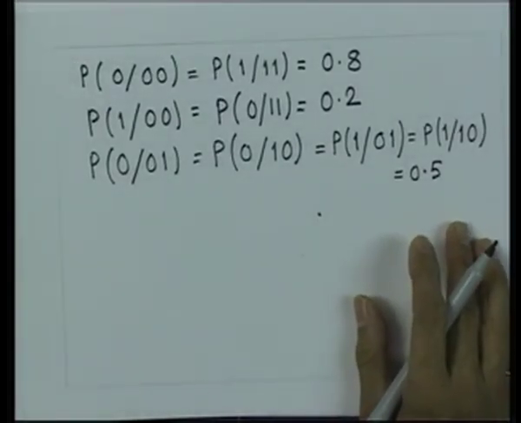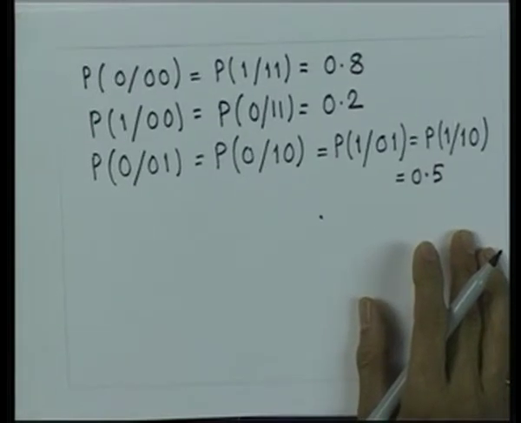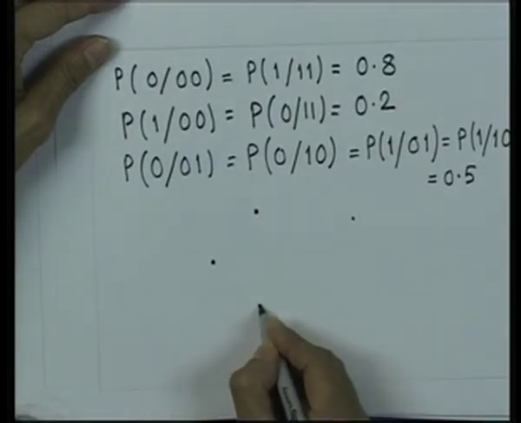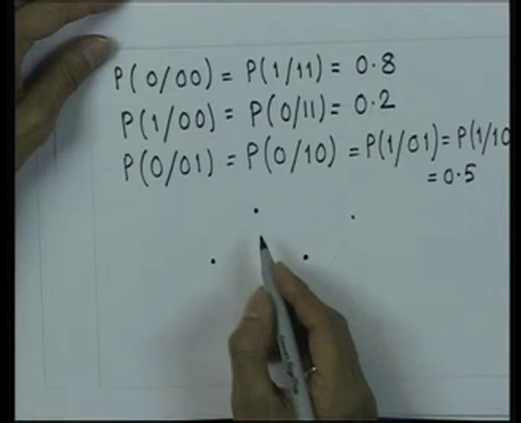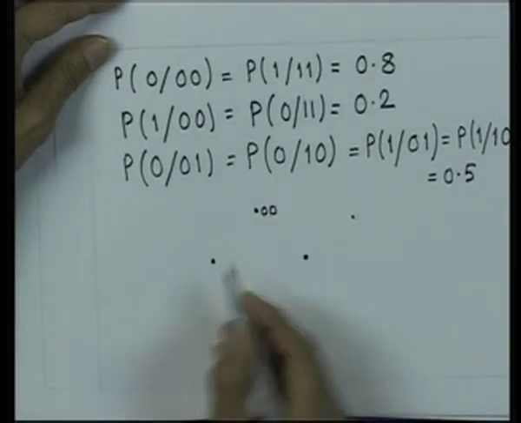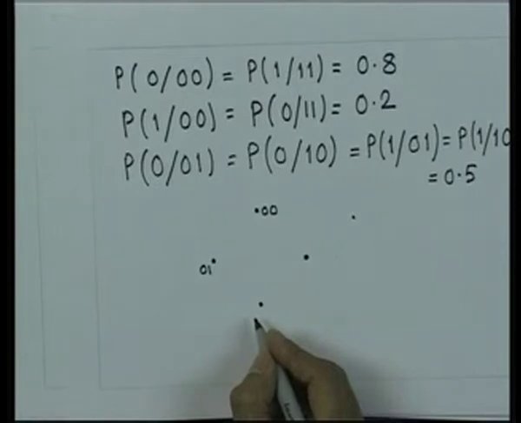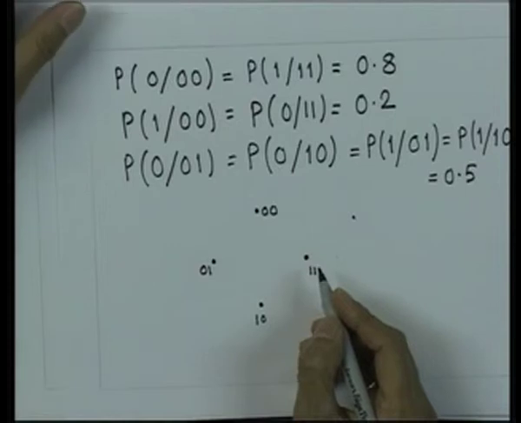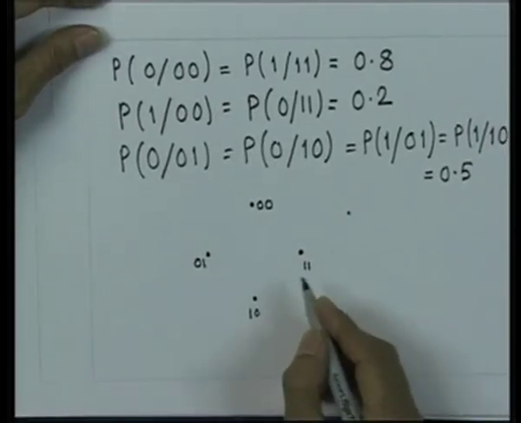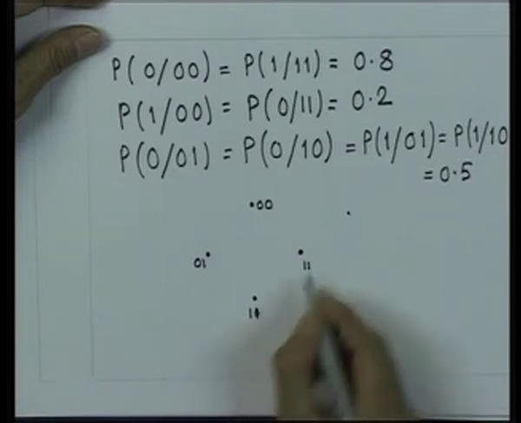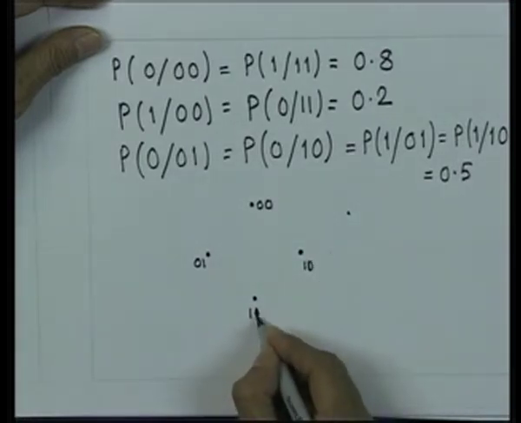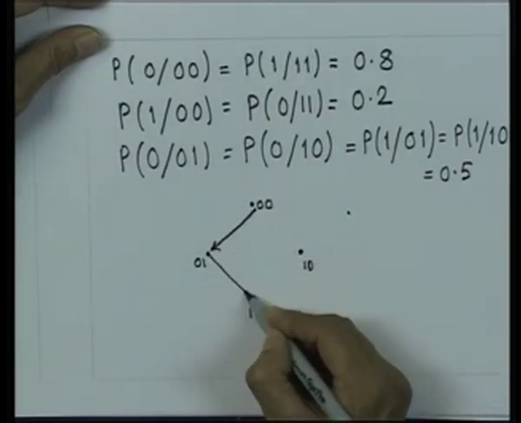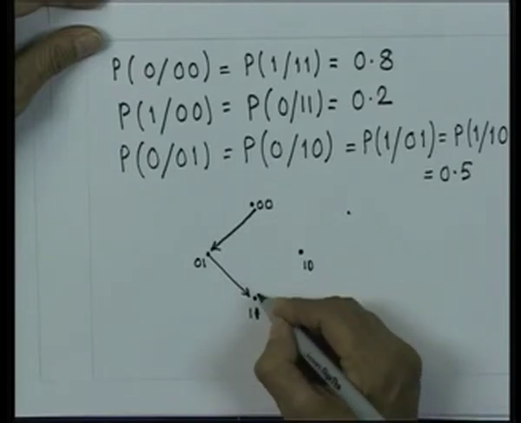If I were to depict this in a state diagram form, then since there are 4 states, I can indicate these 4 states by simple dots out here, and these are nothing but 0 0, 0 1, 1 1, 1 0, and these are the arrows.